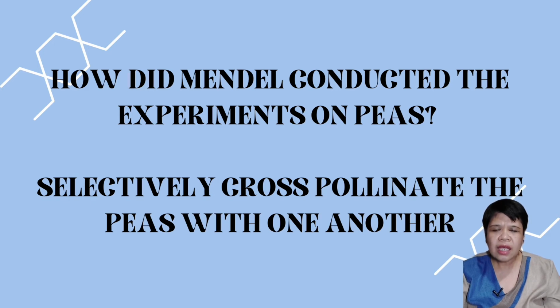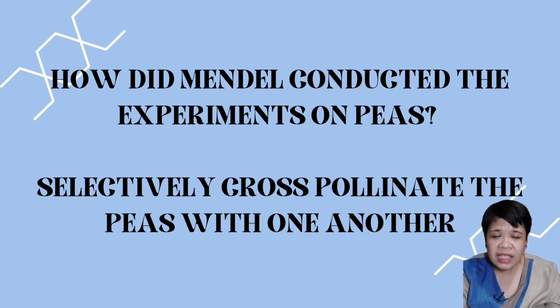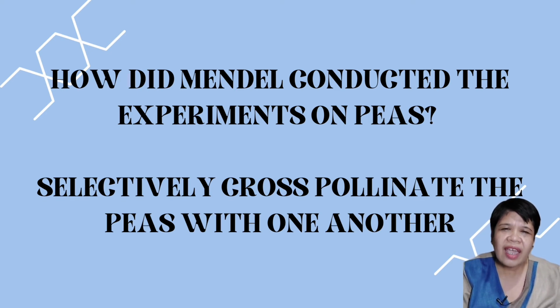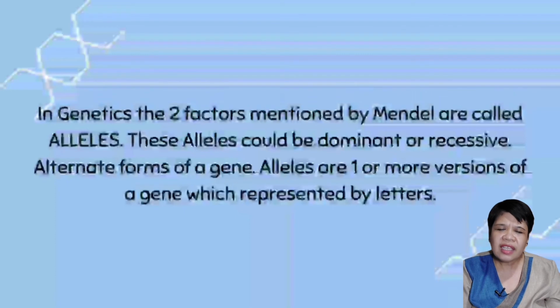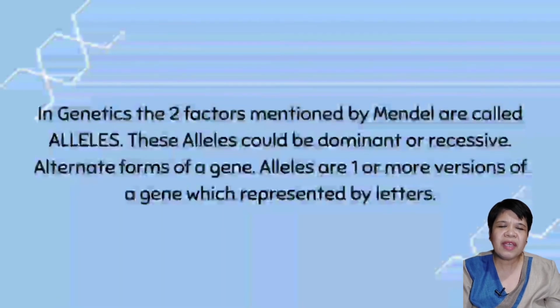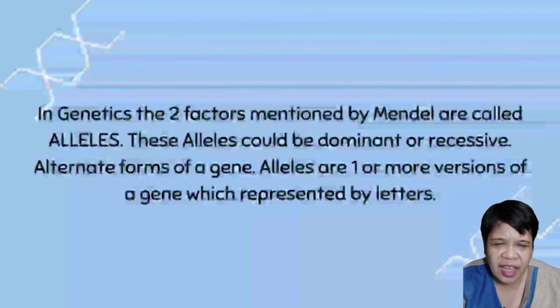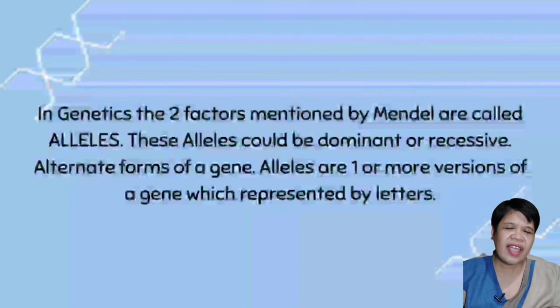In genetics, what are the two factors mentioned by Mendel? Have you noticed? Okay, the recessive and the dominant traits. In genetics, the two factors mentioned by Mendel are called, it begins with letter A. Okay, correct.